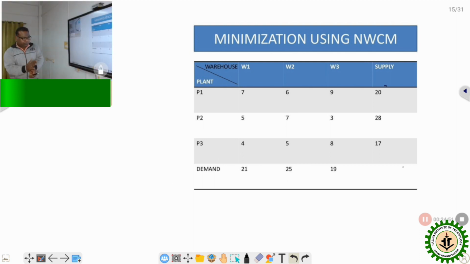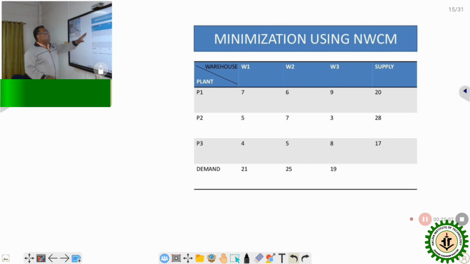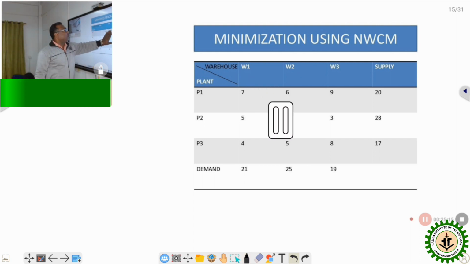Okay. Now, what we are doing here? What is the northwest corner of this matrix? This is our northwest corner of the matrix. So in this corner, we will go for our first allocation.